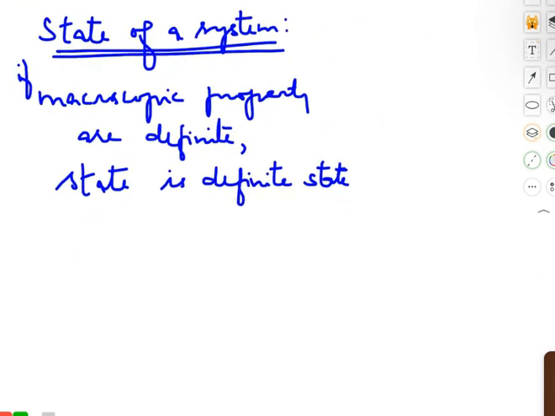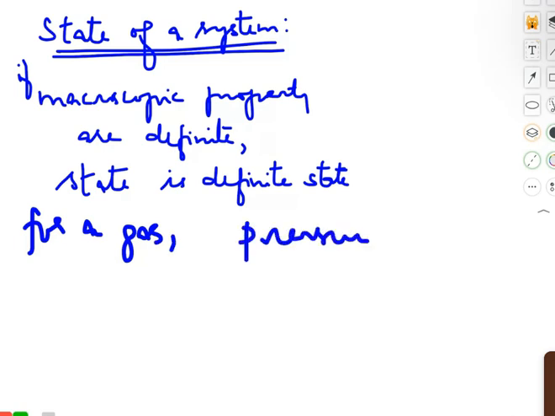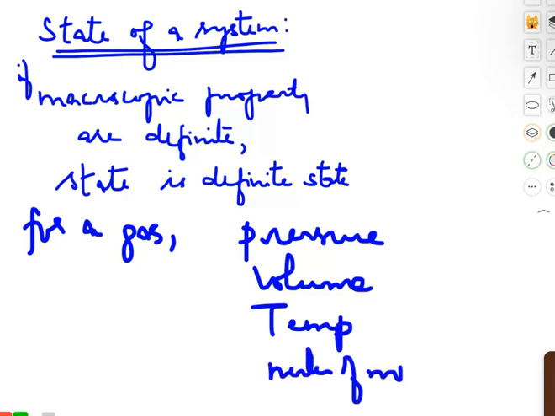Let's take the case of pressure, a macroscopic property of a gas. Let's say the gas properties such as its pressure, volume, number of moles, temperature.